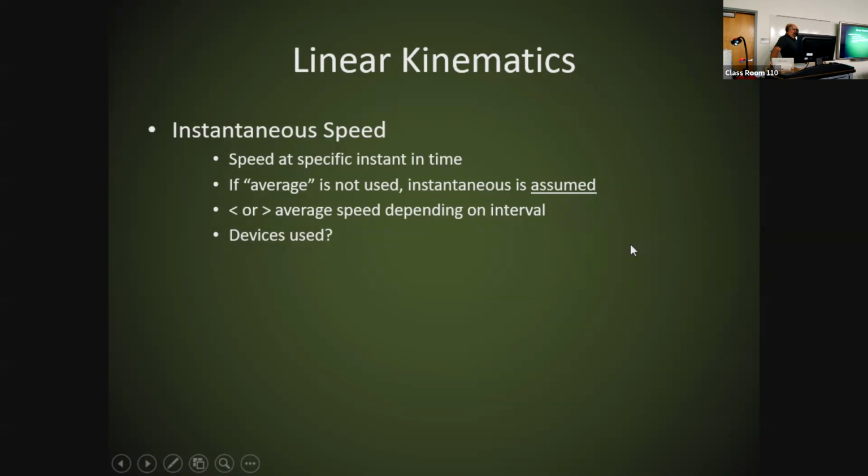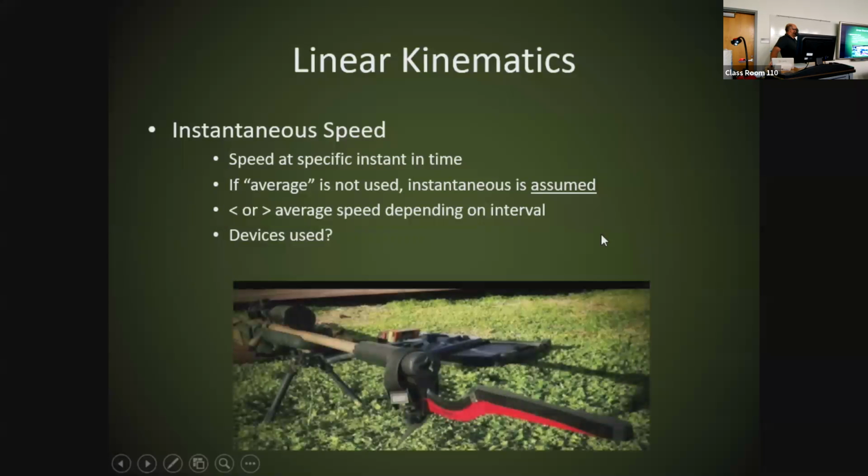Maybe some devices that are used to find this: chronographs. There are other ones that look a little different from this one. Someone will attach one to whatever object or propulsion device you're looking at. There are chronographs that sit on a stand and are light sensitive. This particular one is actually magnetic.